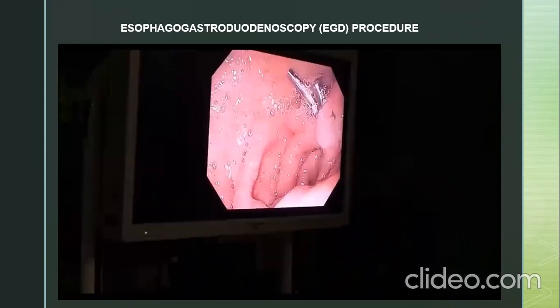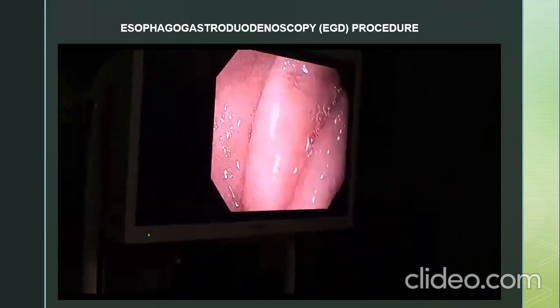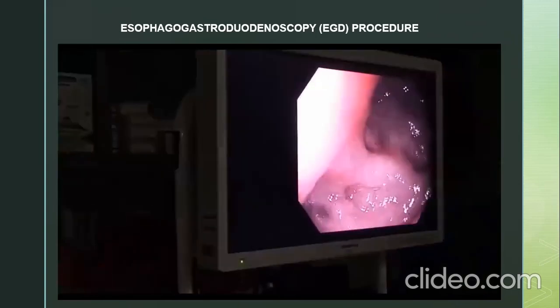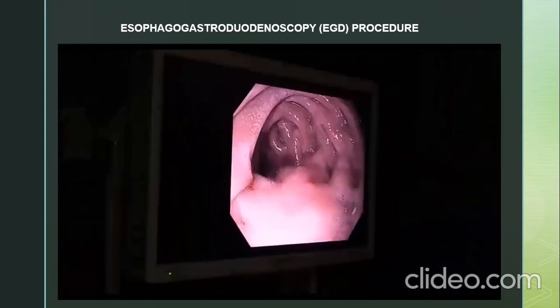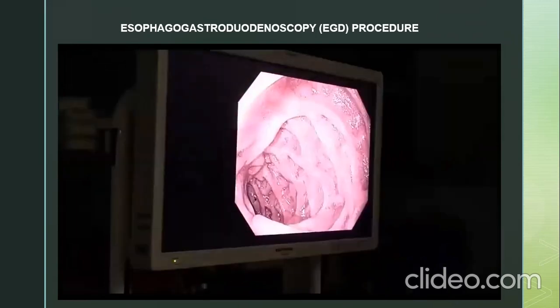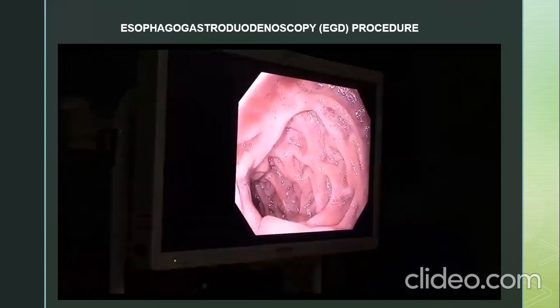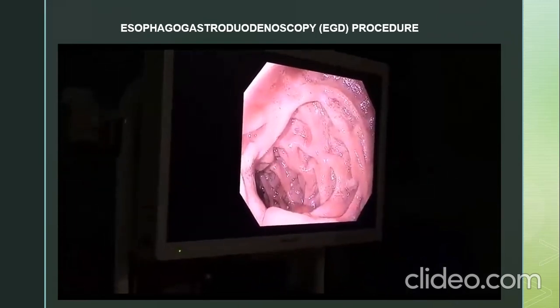So our oxygen's hanging in there good. Patient's tolerating the procedure well. Okay, second part, duodenum.